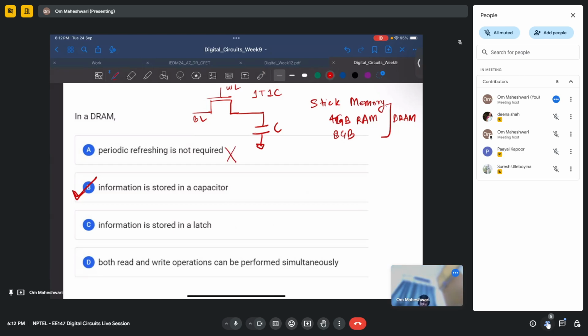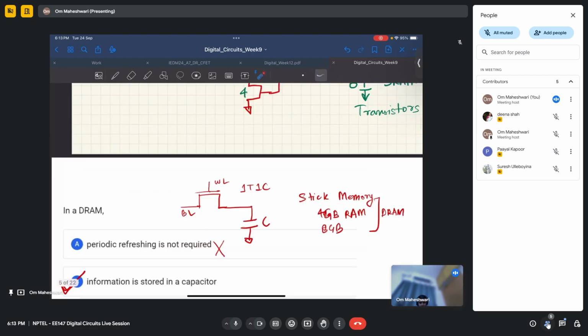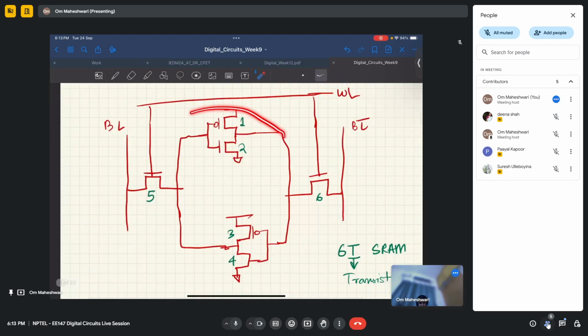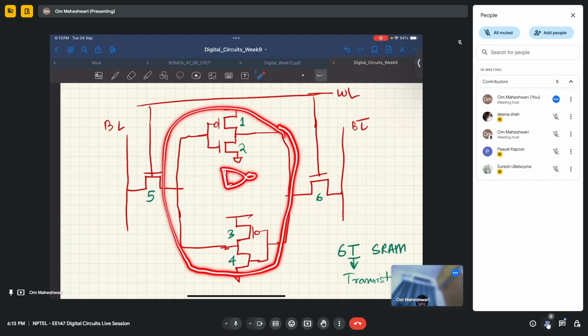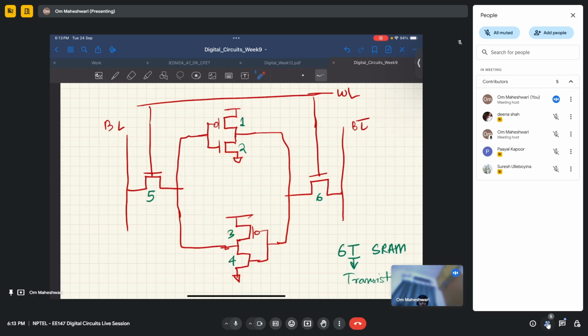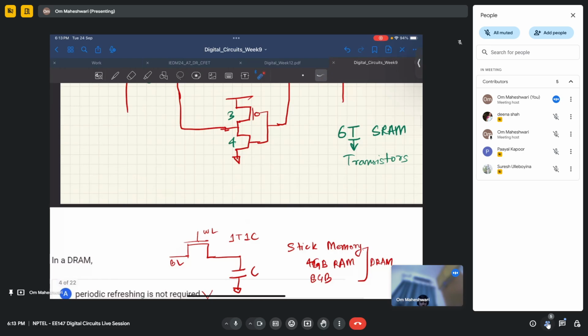Information is stored in a latch. It is not stored in a latch, it is stored in a capacitor. What do you mean by information stored in a latch? If you see the SRAM again, this configuration with two back-to-back inverters is a latch. So in SRAM, information is stored in a latch, whereas in DRAM, information is stored in a capacitor.